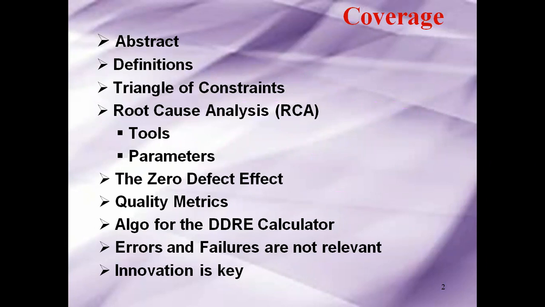And these can be customer-centric error messages, error requests, or it could be internal customers who are also coming in, or it could be external customers. And we also will see a theory called the zero defect effect, and a little bit of quality metrics, and then the algo.